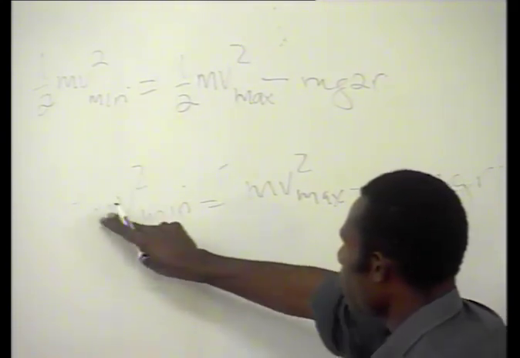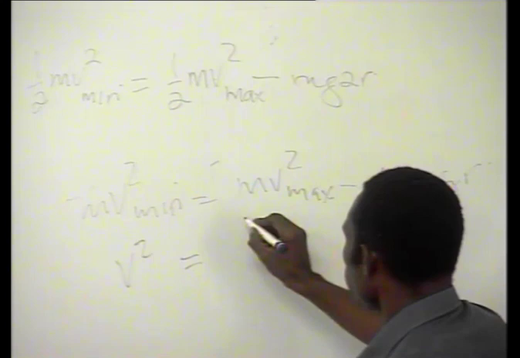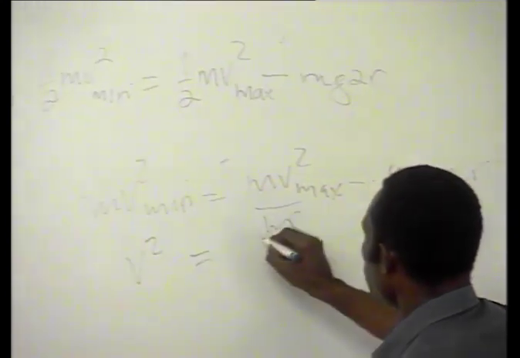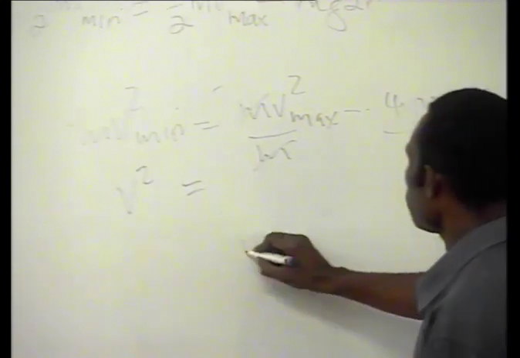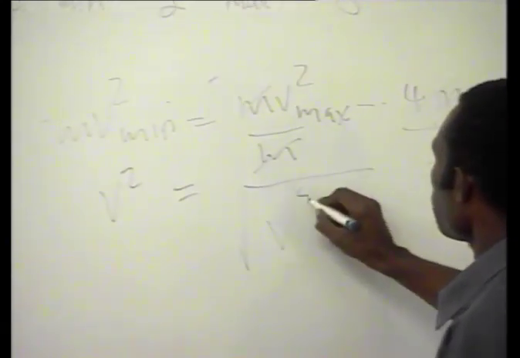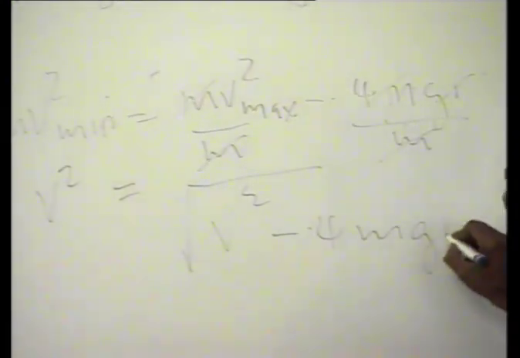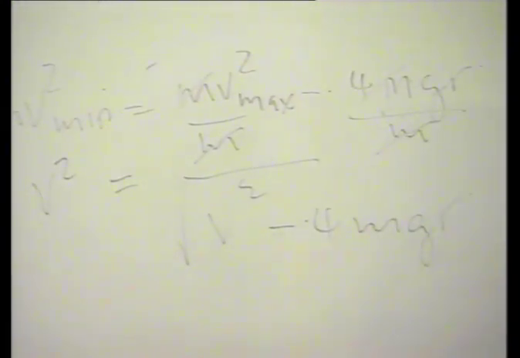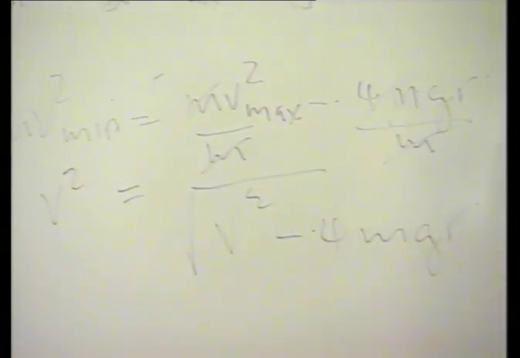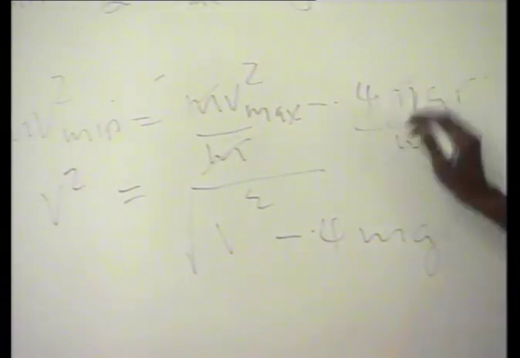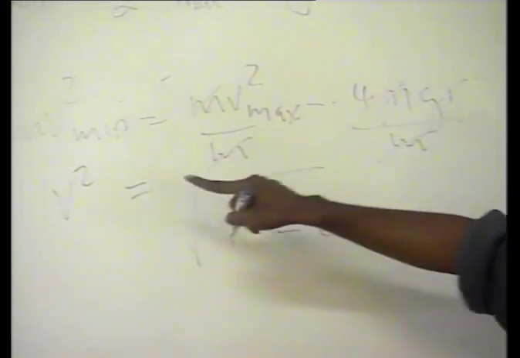All right, this time you cancel this, and then v square minimum equals to v square max minus 4gr. Okay, that is how you can get it. So the mass should be cancelled out because of this.